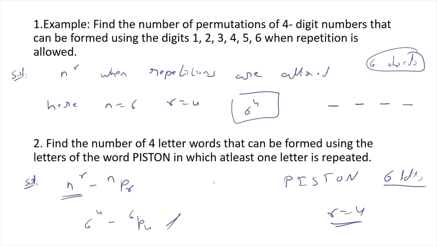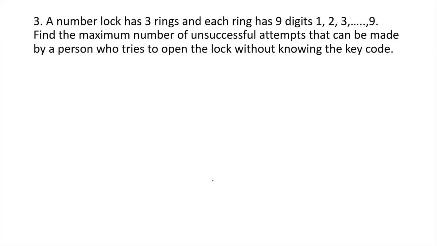Okay, the next problem is like this. A number lock has 3 rings and each ring has 9 numbers 1, 2, 3, so on up to 9. Find the number of unsuccessful attempts that can be made by a man who tries to open the lock without knowing the key. So we have a number lock which consists of 3 rings and each ring has 9 numbers.